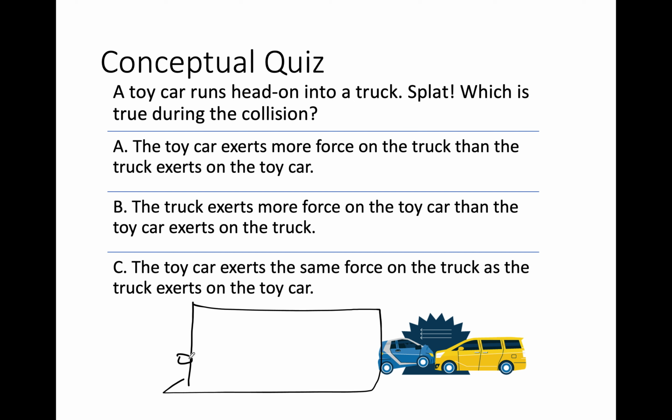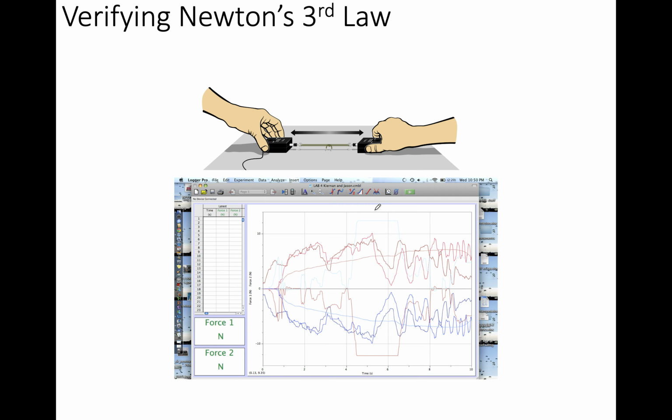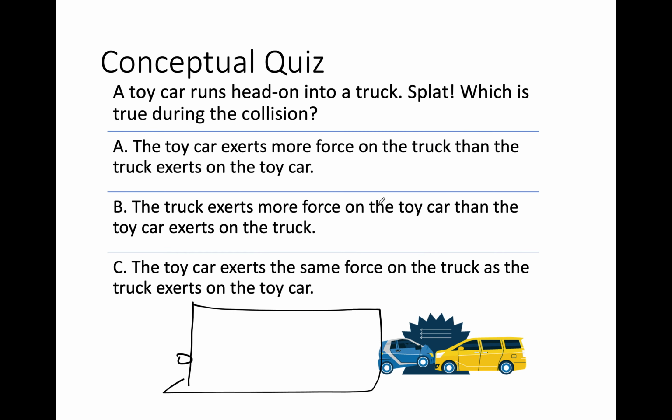What is Newton's third law? Let's recall. We have object A, object B. The forces on them have to be equal magnitude, opposite direction. So this is the force from the truck on the toy car, and this is the force from the toy car on the truck.